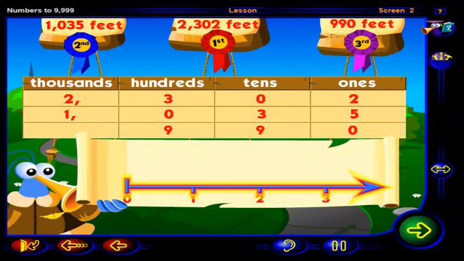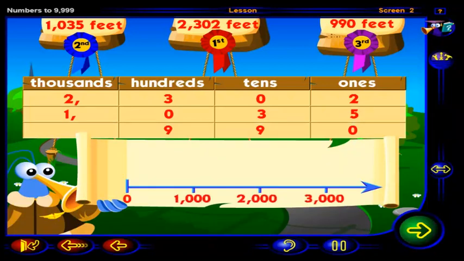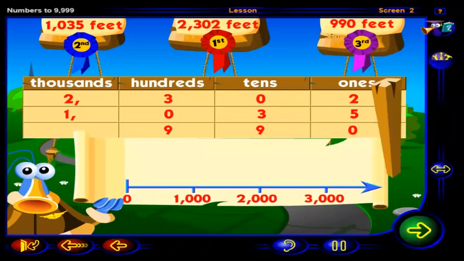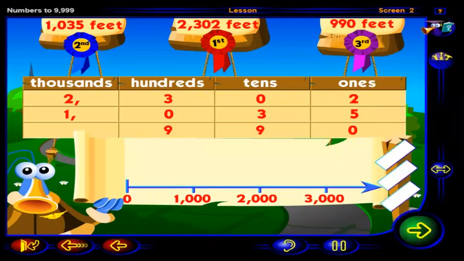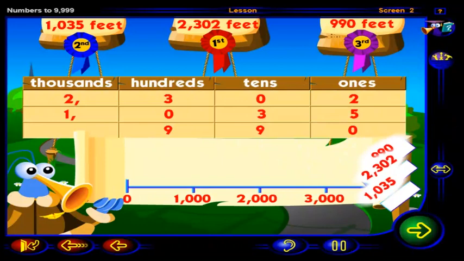Click on the number line. This number line is now marked in thousands. Now we can put each number onto the number line. About where on the number line would you find these numbers?